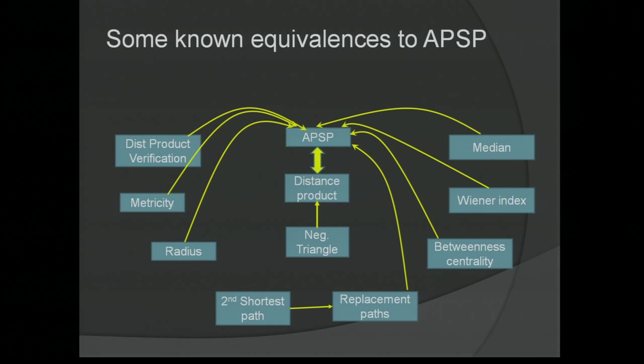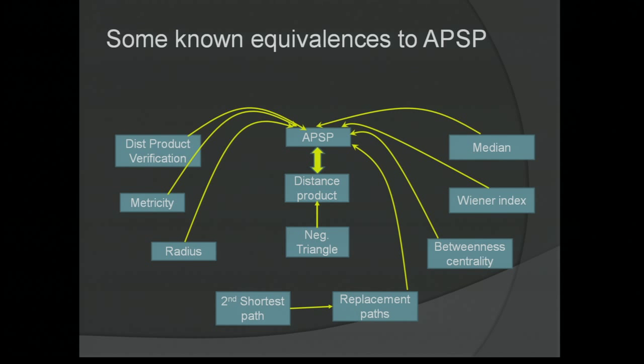So median we define. The Wiener index is just the sum of all of the distances in a graph. Now betweenness centrality is something about how central a vertex is. So it says roughly how many shortest paths go through this vertex. Actually, it's the fraction, and you have to reweight it a little bit, but it's a very important problem in social network analysis.